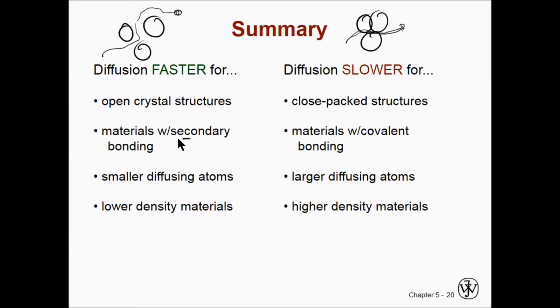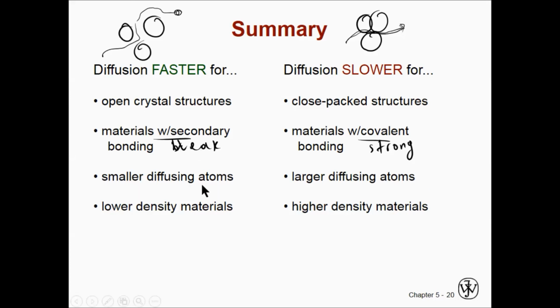Materials with secondary bonding: secondary bonds are weak bonds. That's why it will be easier to break those bonds and diffuse. And covalent bonds are strong bonds. That's why it will be difficult to break those bonds and diffuse. That's why this one will be slower and this one faster.